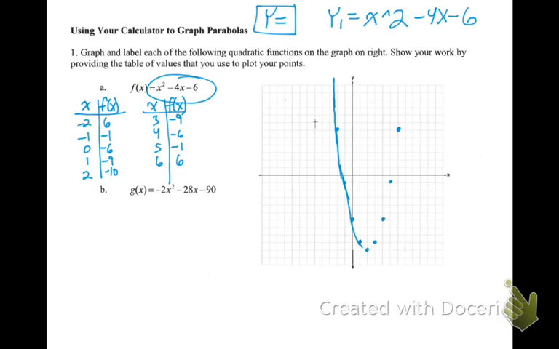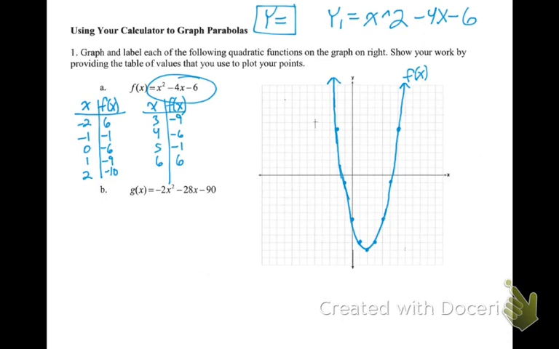And then once you get down to that point, you're going to stop and turn around at that point. You're not going to go through it very sharply, you're just going to turn around at it and go right up like this. Make sure you put the arrowheads on both ends, and you have your function, f of x. I'm going to label it on the end, on the right. Typically you label things on the right side.